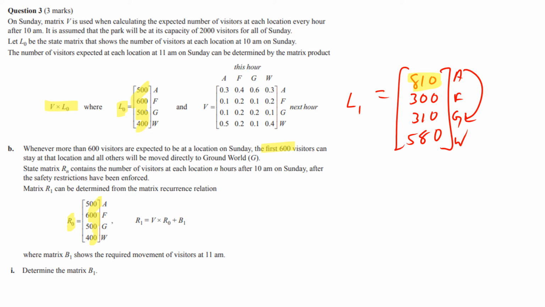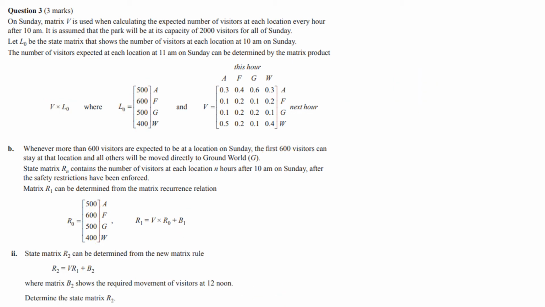So this balancing equation, this B1 that we've got to determine, is going to say basically that we're going to take away 210 from A, do nothing with F, add that 210 to G, and do nothing with W. And that's that balancing equation that we need.